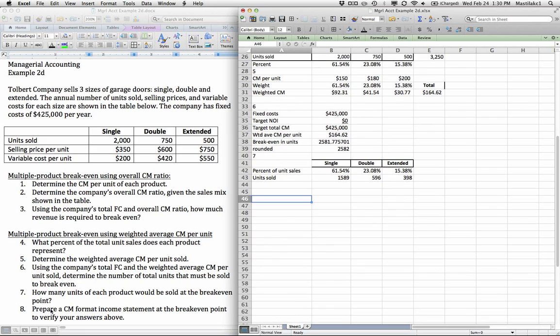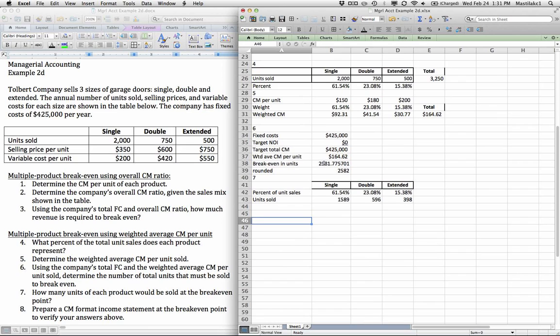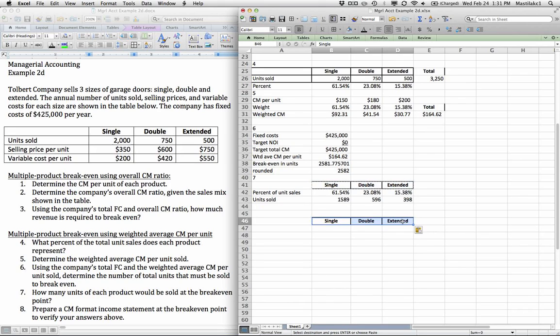Requirement 8. Let's prepare a contribution format income statement at the break-even point to verify our answers above. Now, before we do this, we'll see that we have a little bit of rounding error, so we're not going to get to exactly $0 of net income, but it should help us see that the approach works and we get pretty close. So let's say sales.